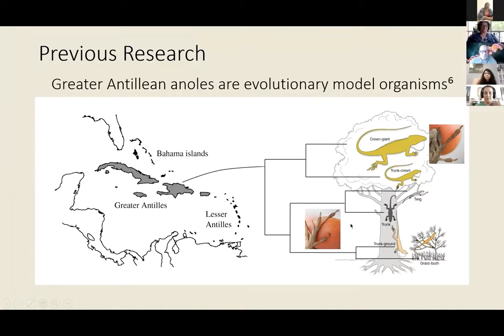And another interesting thing is greater perch heights have been correlated with greater toe pad area and greater lamellae number. Lamellae are specialized adhesive scales. So these pictures here kind of demonstrate that. The picture at the top shows a greater toe pad area, and then this picture down here demonstrates a smaller toe pad area.